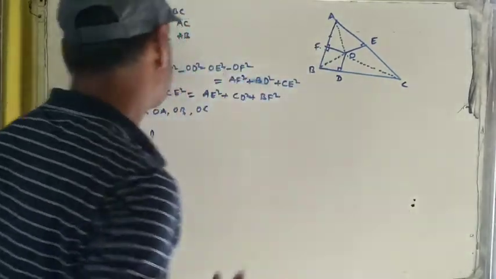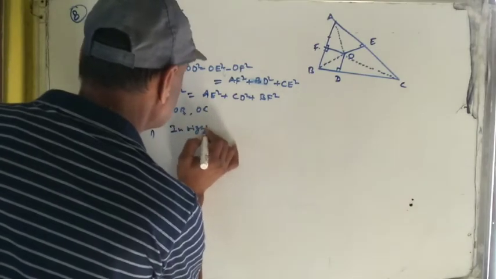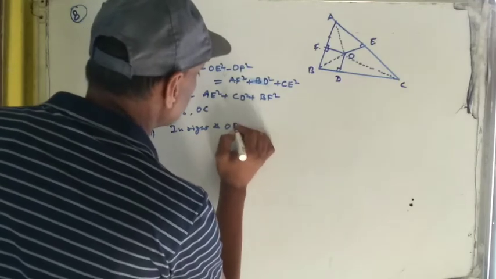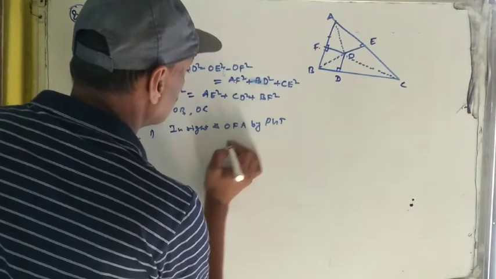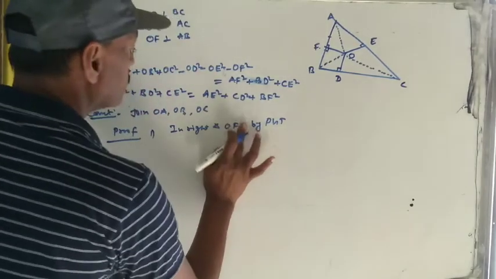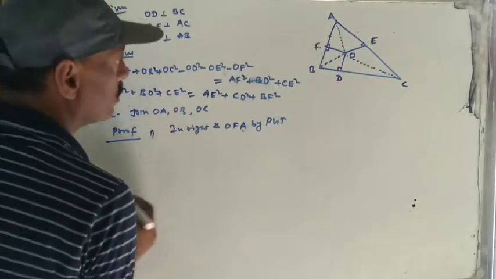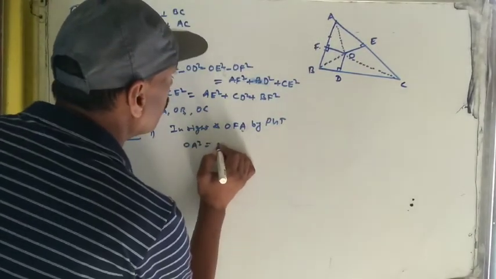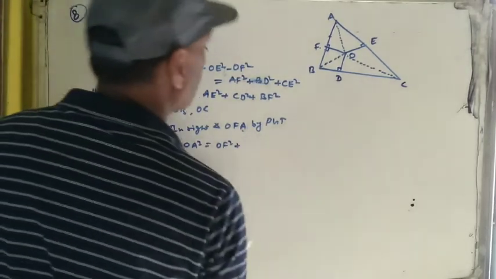So in right triangle OFA, by Pythagoras theorem, we can write OA is the hypotenuse, so OA square equal to OF square plus AF square.